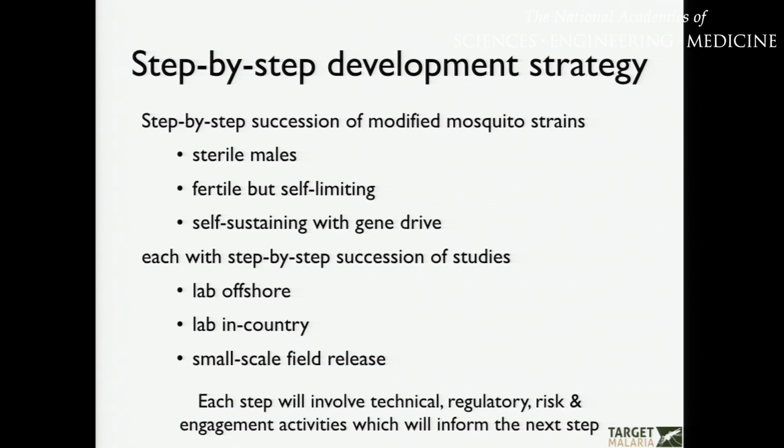So there's a progression of constructs of increasing effectiveness. And then on each one of them, you will want to do a succession of studies, offshore, for example, in the lab, then in-country in the lab, and then in small-scale field releases. At each step, there will be technical, regulatory, risk, and engagement activities which can inform the next step.